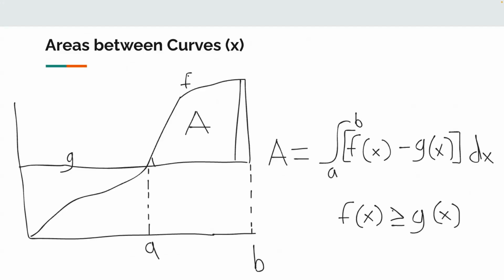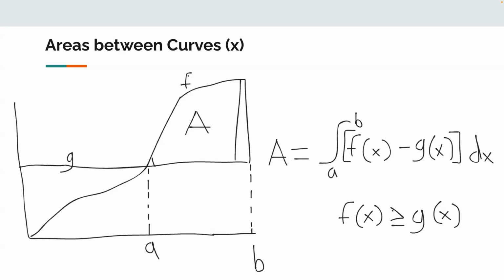It's pretty straightforward. Just make sure f of x is greater than g of x, because g of x is being subtracted. Again, a normal integral that we've done so far would just be f of x minus 0, where g of x equals 0. But we can apply it to different functions as well.